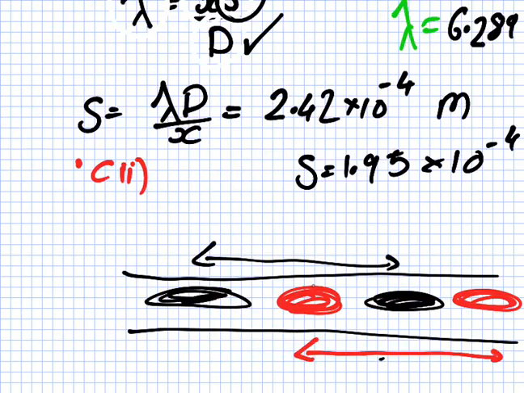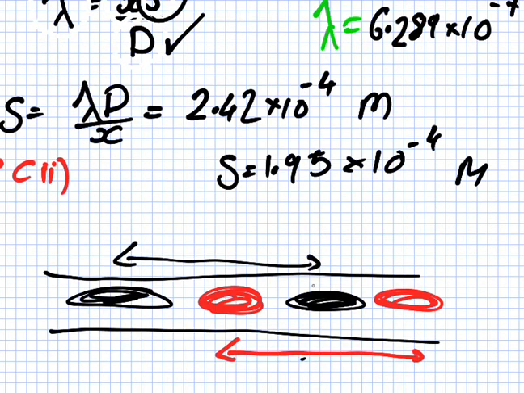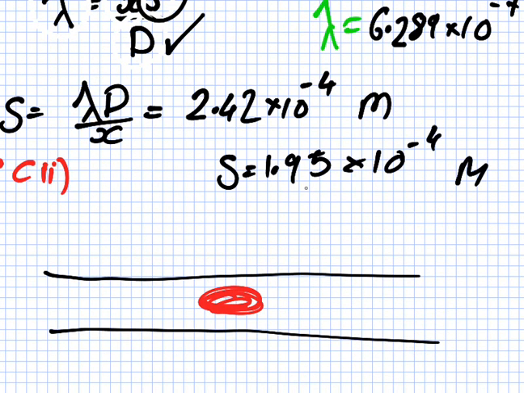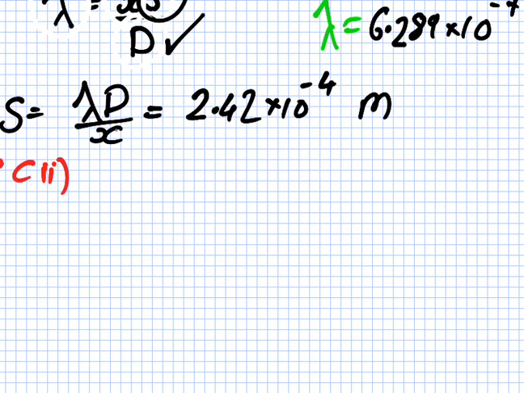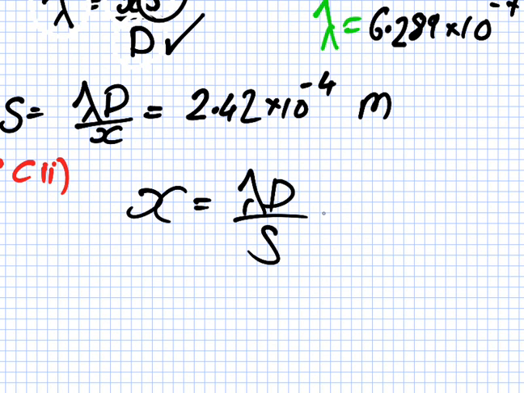Rats. I was using this formula, but I should have rearranged it. X equals lambda d over s. Okay, now let's type my numbers back in. So I knew what I was getting, but I was using the wrong formula.